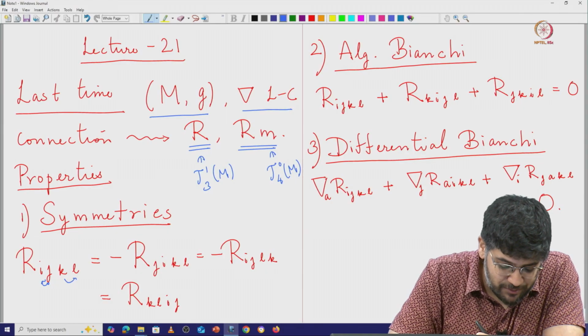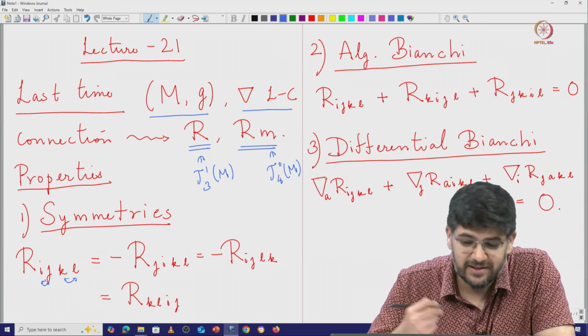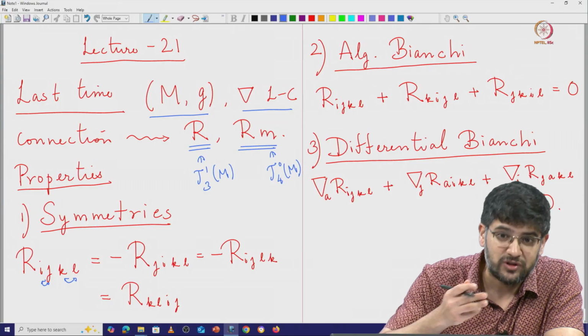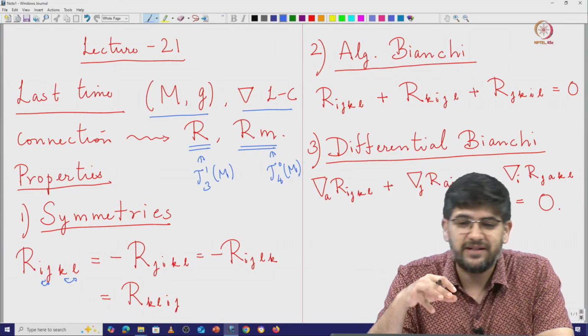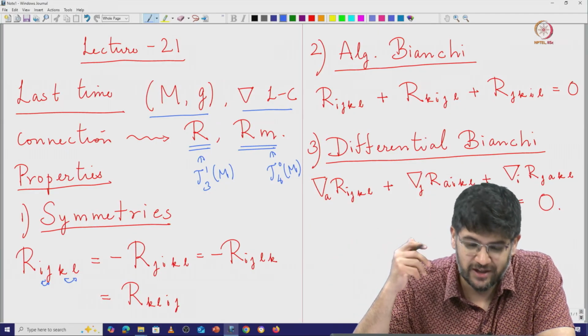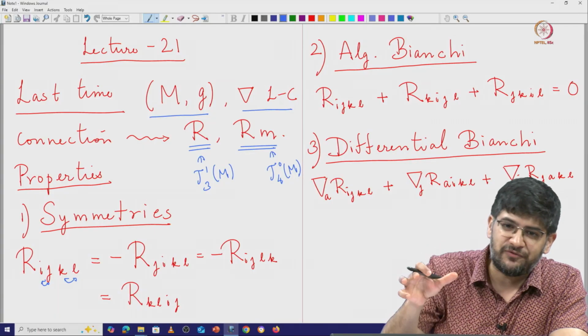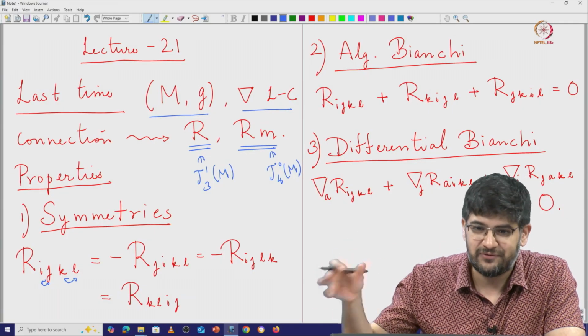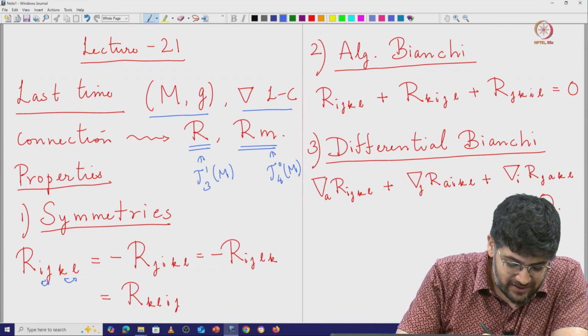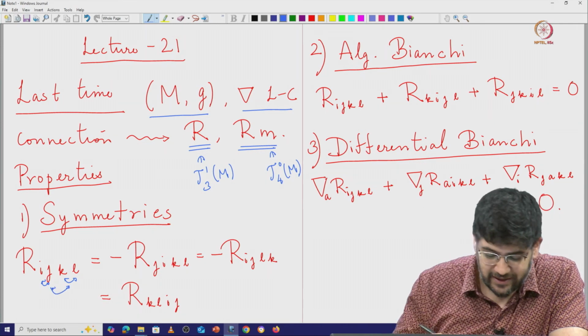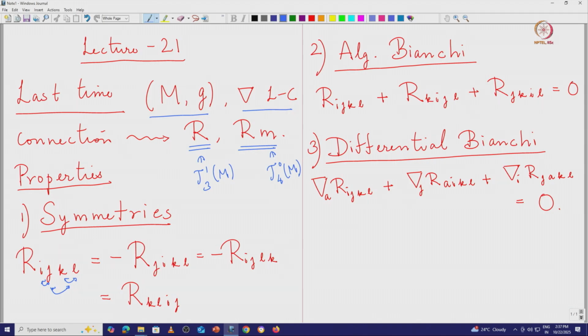Then if you interchange similarly k and l, that incurs again a negative sign. So it's skew symmetric in the first two entries and skew symmetric in the final two entries. And then if you swap the first two entries with the final two entries, your curvature tensor is actually symmetric under this operation, right.